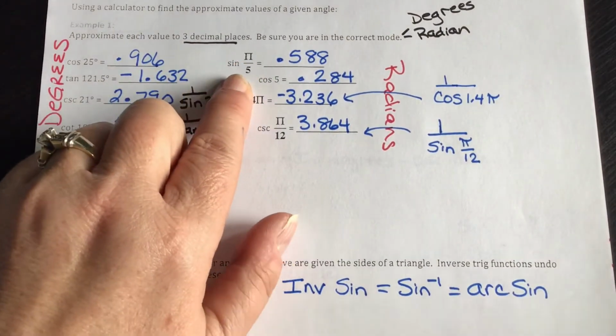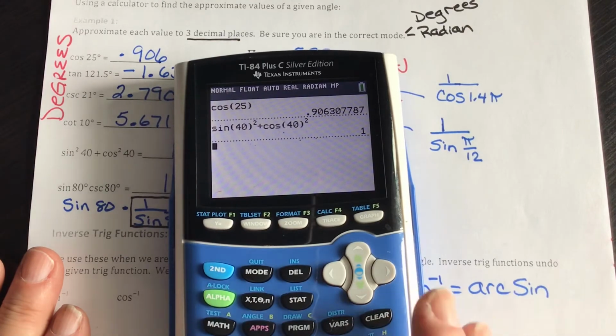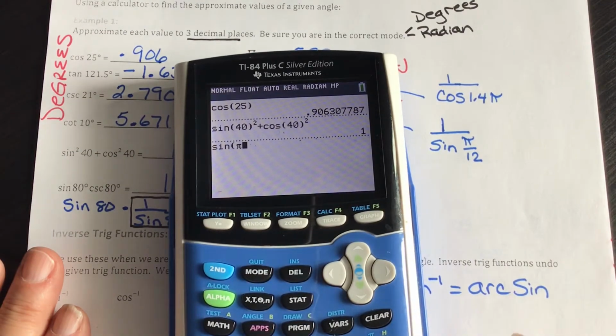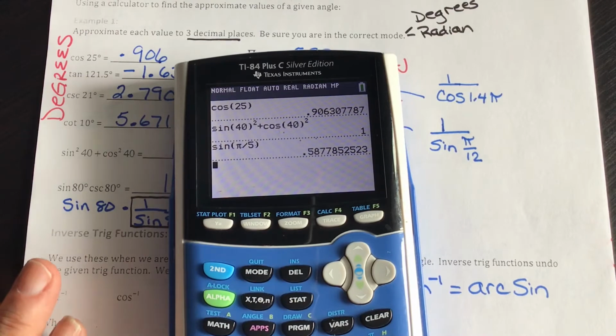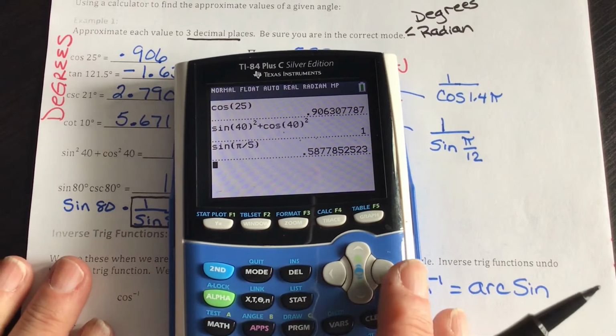I'm just going to put in sine of pi over 5. So just typing that in, sine, and then pi, and then divide it by 5 and close the parentheses. And again, I'm approximating, so I'm rounding to 3 decimal places. So this would be 0.588.